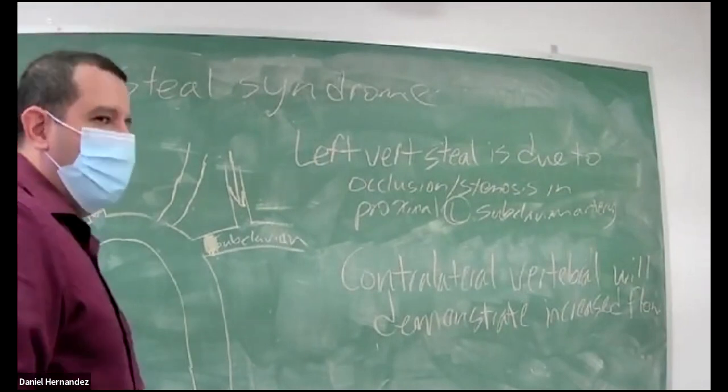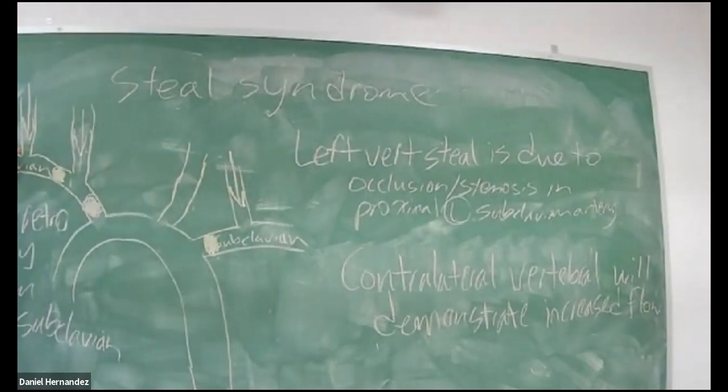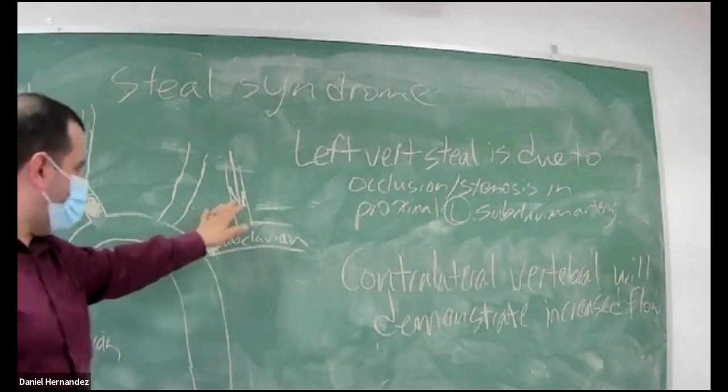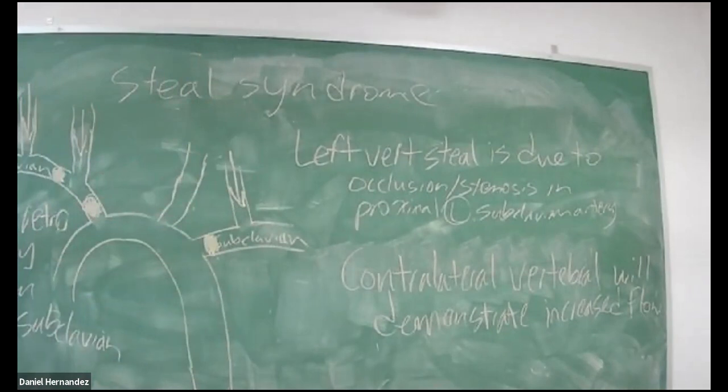So what that means is if I have a steal on the left side, the right side is going to demonstrate increased forward flow to compensate. If I have a steal on the right side, then the left side is going to demonstrate increased flow in that vertebral to compensate.